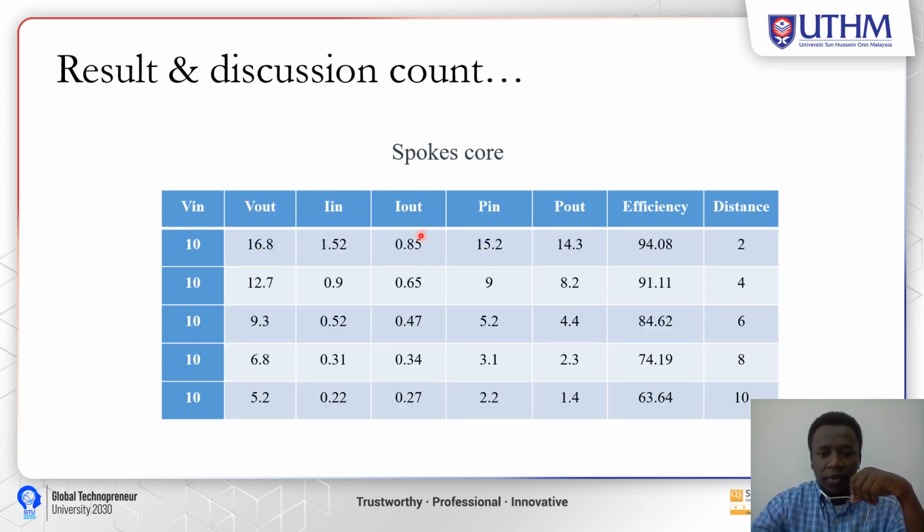As for the spool core, the efficiency dropped to just 63% at 10 cm and 94% at 2 cm. From these results, we can conclude that the ferrite sheet core has higher efficiency than the spool core, and it will be used in the experiment.